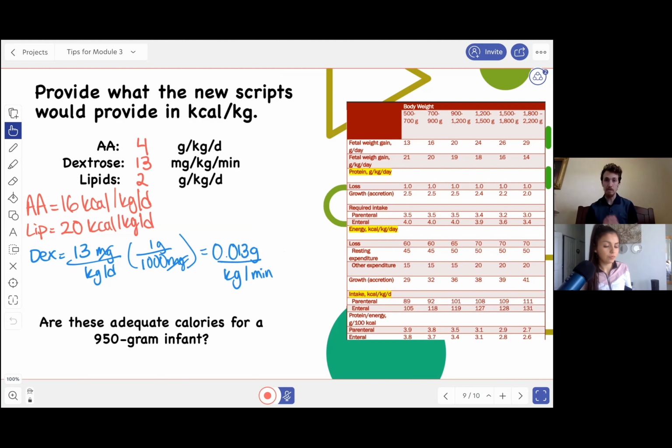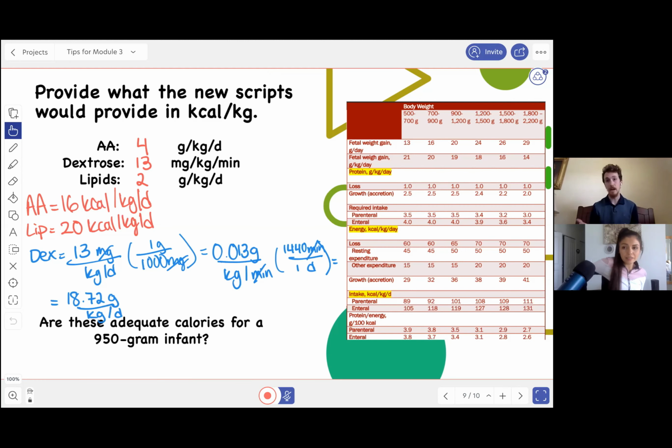Once again, we assume it's 24 hours and multiply by the 1440 minutes in 1 day. The minutes cancel out, and we're left with 0.013 times 1440, which gives us about 18.72 grams per kilogram per day.